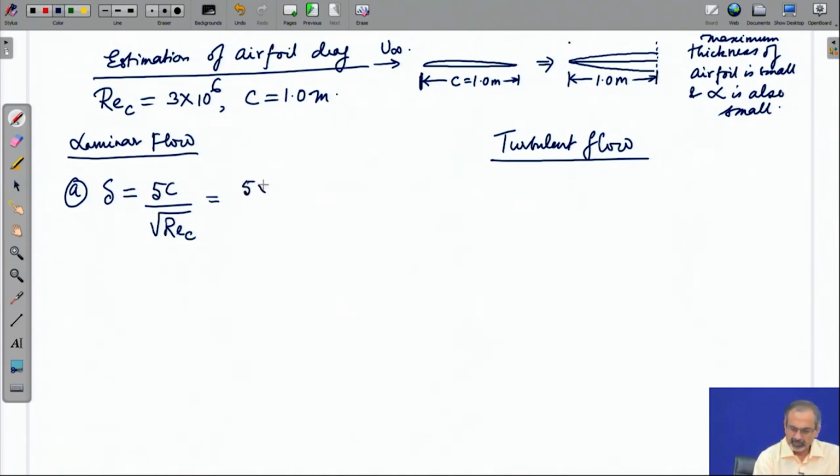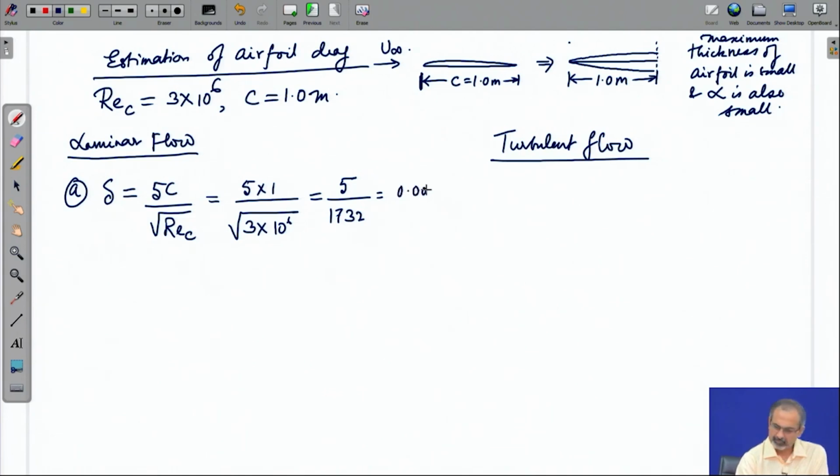So, that would be 5 into 1 by under root 3 into 10 to the power of 6. So, that gives us 5 by 1732. So, that is 0.0029 meter, that is 0.29 centimeter.